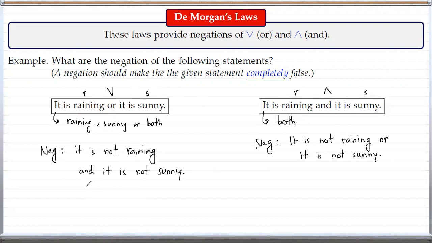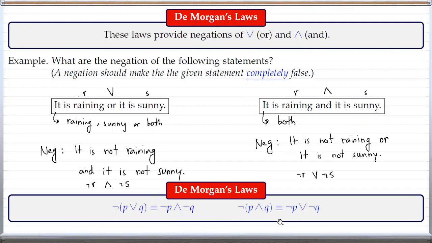We got not raining, so not R, and not sunny, not S. So this is the negation we got. Here we got not raining, not R, or not sunny, not S. So this is the negation for R and S, and this is the negation for R or S.